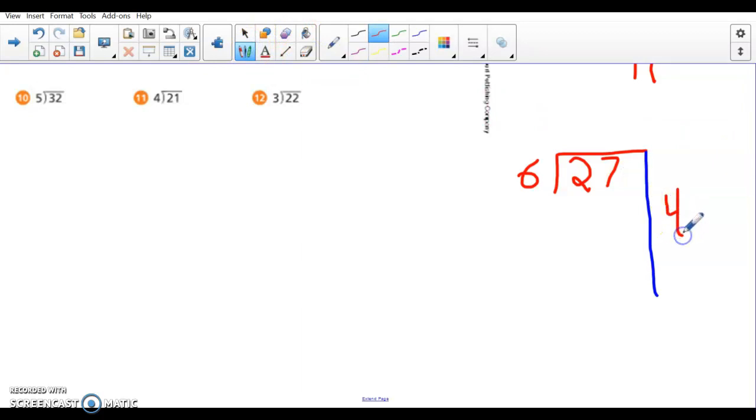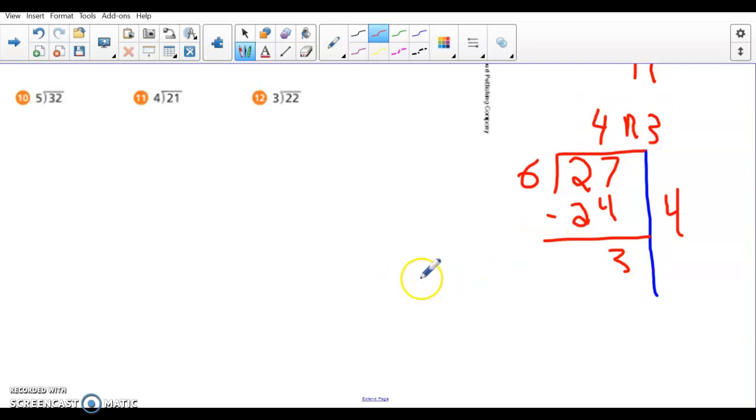Well, if you use your charts or if you just know your facts, 4 times 6 is 24. And I'm going to subtract: 27 minus 24 is 3. Well, I can't pull out any more groups of 6 because 3 is too small. That's my leftover. That's my remainder. So my answer is 4, remainder 3.